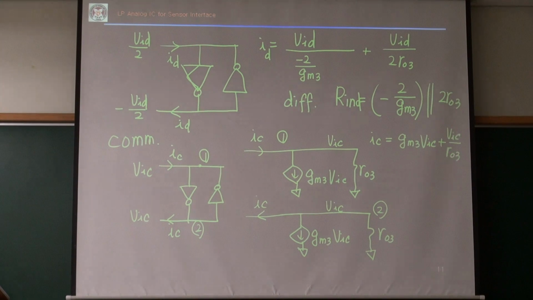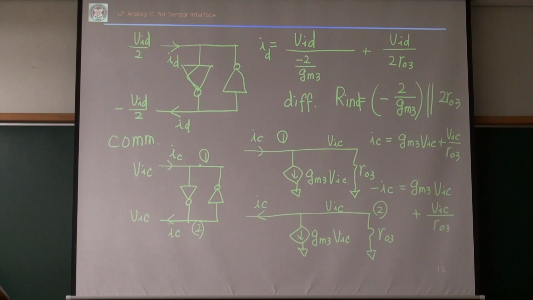For node 2, it's not the same: minus IC equals gm3 VIC plus VIC over ro3.